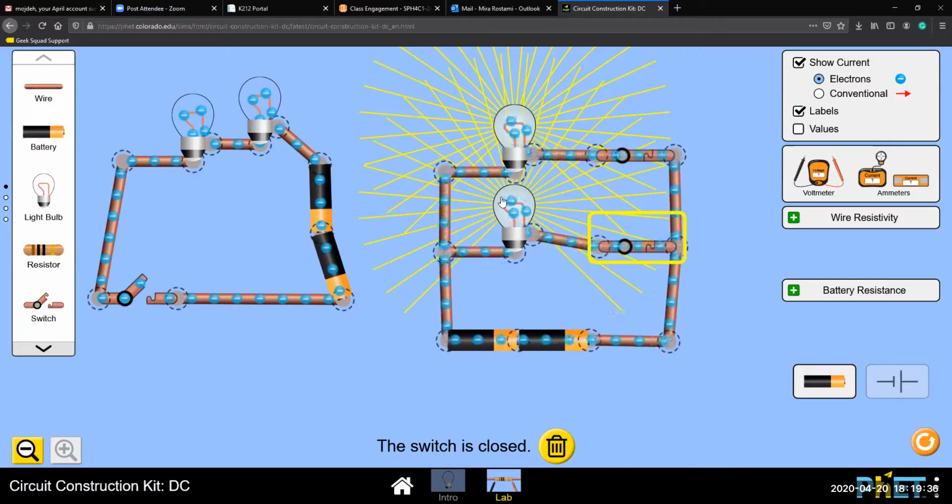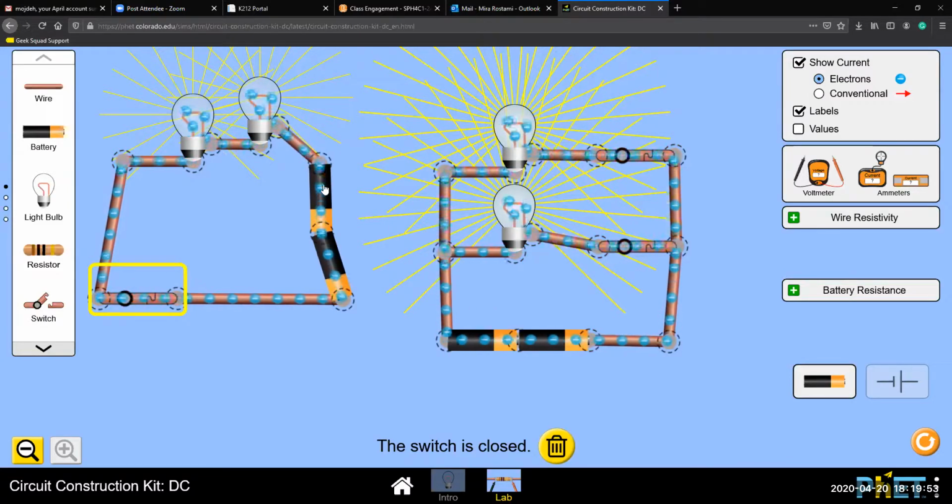They both give the same light, right? Very bright. But if I put the same light bulbs in a series circuit, the light is not as much as this one. This is a lot weaker.